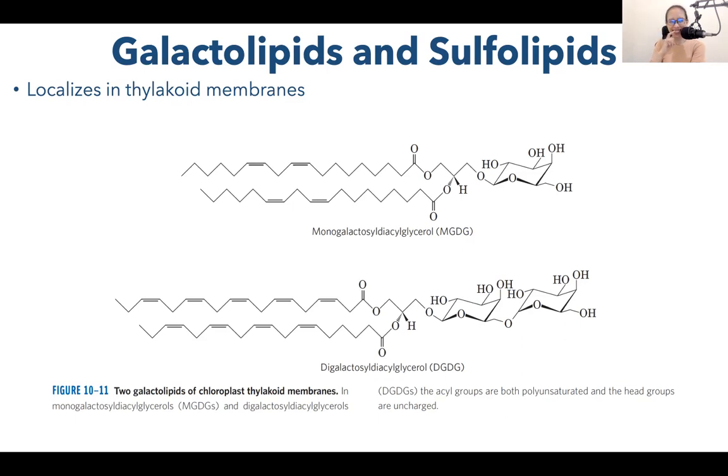So yung theory nila ay since yung phosphates konti lang sa soil, yung plant, so in the evolution of your plants, they learn to create these galactolipids and sulfolipids instead of phospholipids because their supply of phosphates, or phosphorus actually, their supply of phosphorus in the soil is very low.